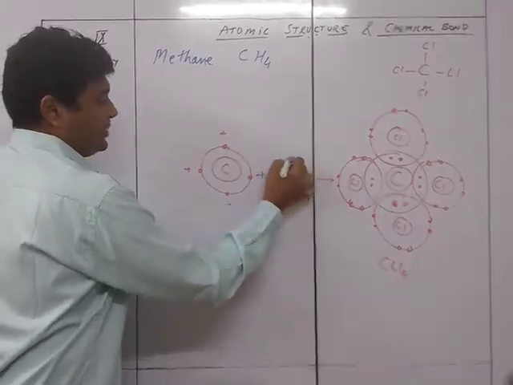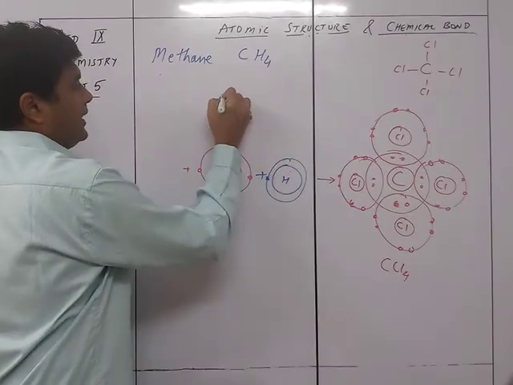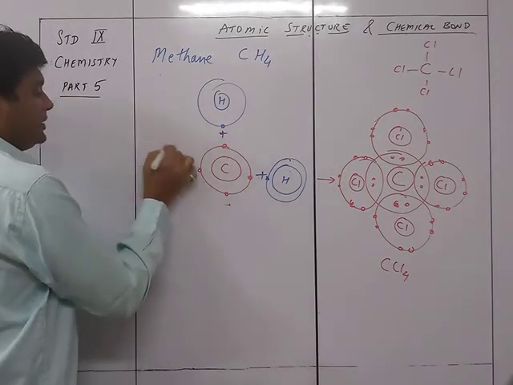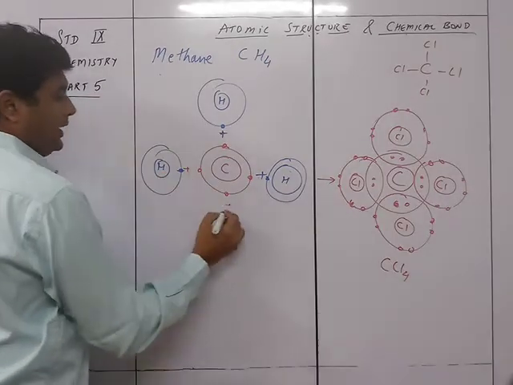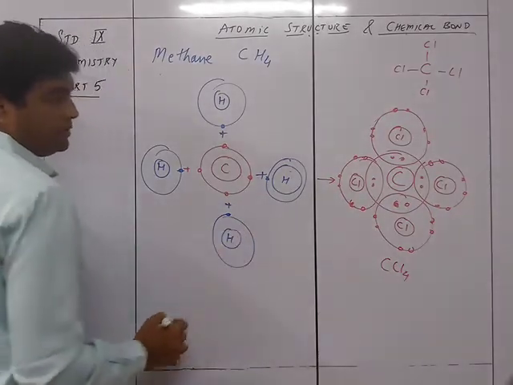Your only difference will be that this Cl atoms are going to be replaced by hydrogen atoms. So this will be a hydrogen atom here, a hydrogen atom here, a hydrogen atom here and a hydrogen atom here.